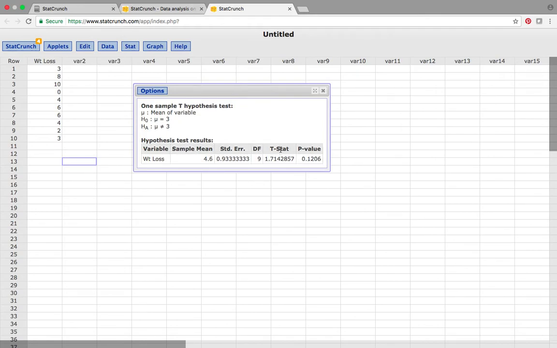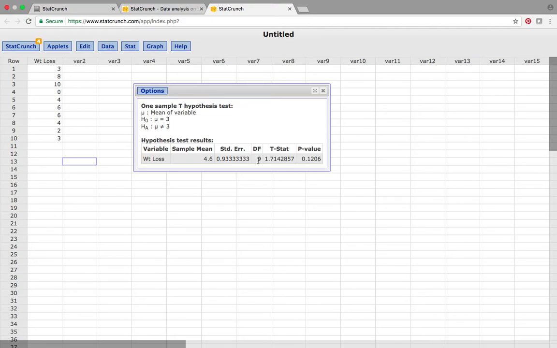So our T-stat right out here, that's our test statistic, is 1.71. I'm going to write that down so I don't forget it. And our p-value is 0.12. So again, our t-value is 1.71.